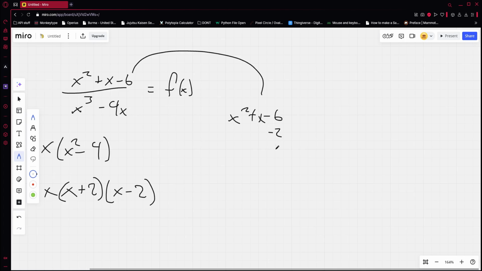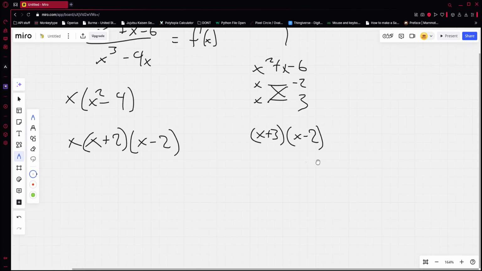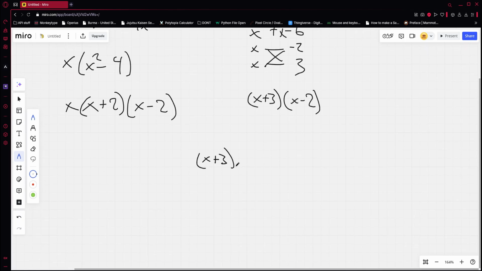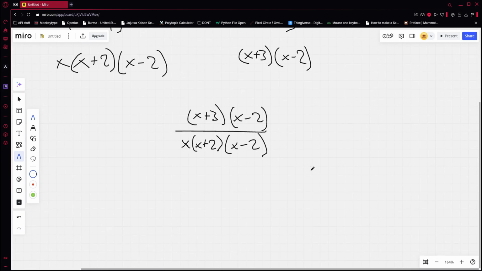So that means it's negative 2 and 3. x, and then you cross over: x plus 3, x minus 2. Boom. So let's move these where they're supposed to be. This is the numerator because we took it from the top, and this is the denominator because we took it from the bottom. Perfect.